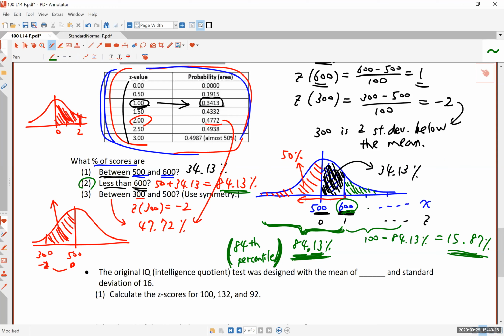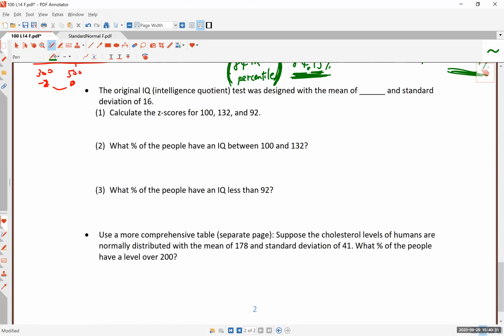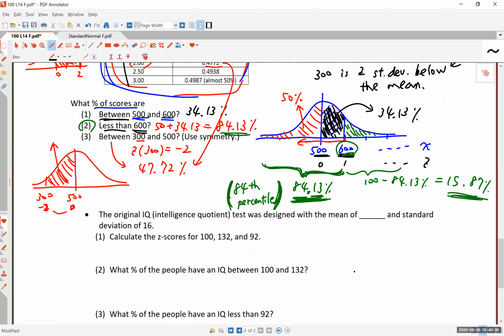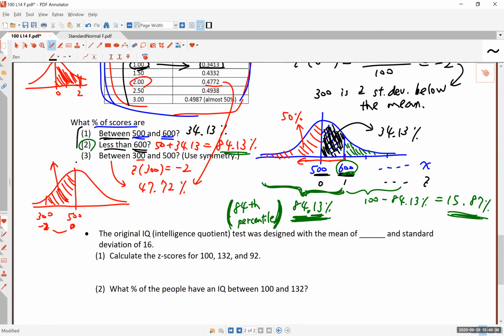So if you scored 600, then at least 84% of the people are below you, more precisely 84.13%, and people will say you are in the 84th percentile. That's how we can define a percentile. Don't worry too much about the percentile, but you do need to know how to answer these questions. All right, let's go to the next one.